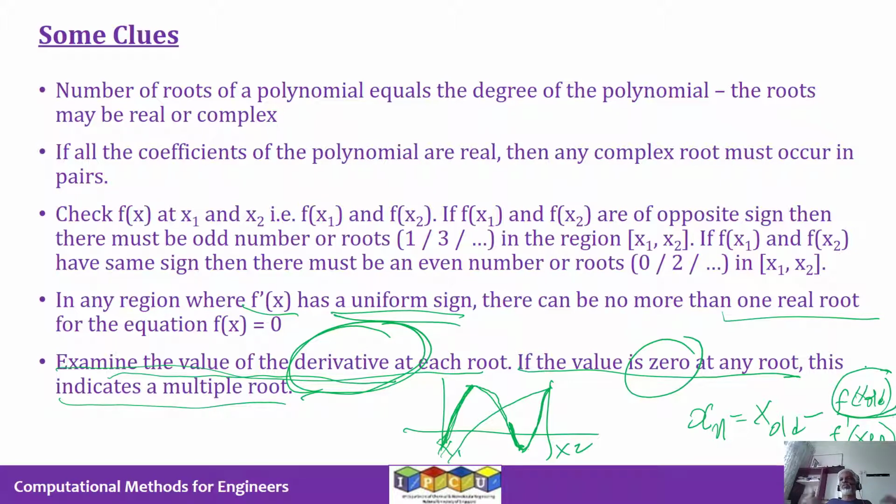For what value of x will the function become 0? That's what we are trying to find out. So the function will go to 0, that's okay. But if it is a multiple root, the derivative of the function also goes to 0 at that root, which means you will have a 0 by 0 situation, which will cause trouble for the Newton method. So the Newton method is not very good when we encounter situations with multiplicity of roots.